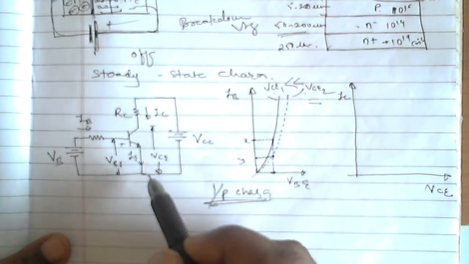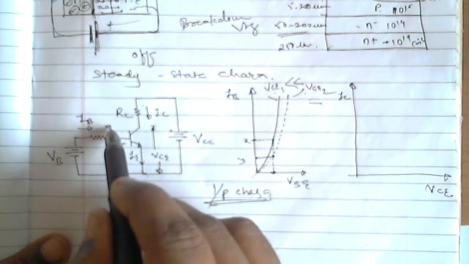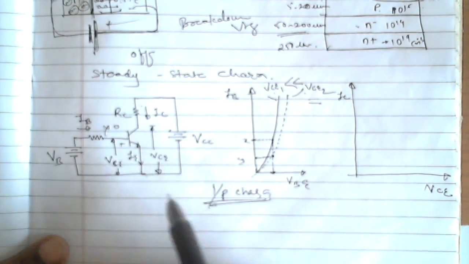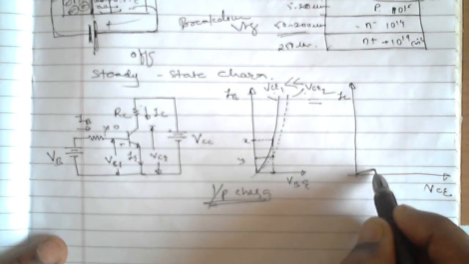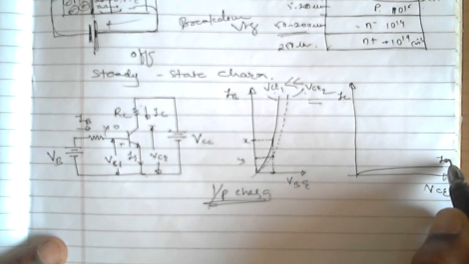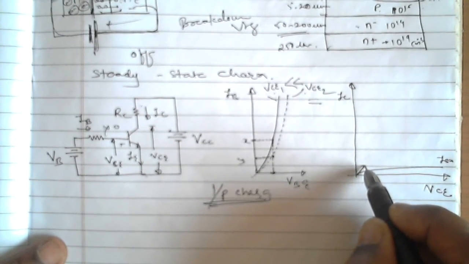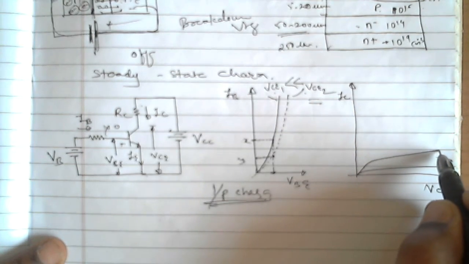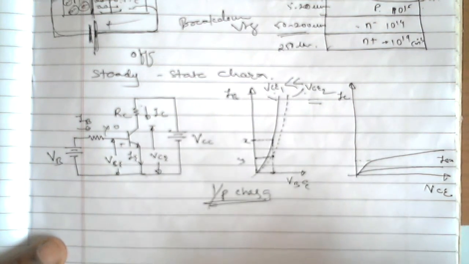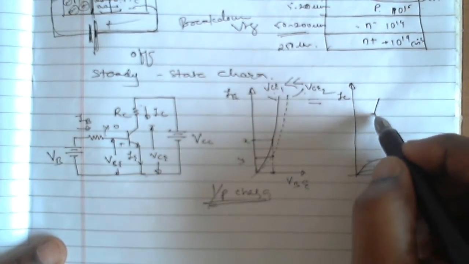But if base current is zero, then obviously no current will flow, only there will be some leakage current like this. So this is for IB equal to 0. Now as we go on increasing IB, the base current, we can see the collector current is increased. Again if we increase the base current, I will draw a line like this.